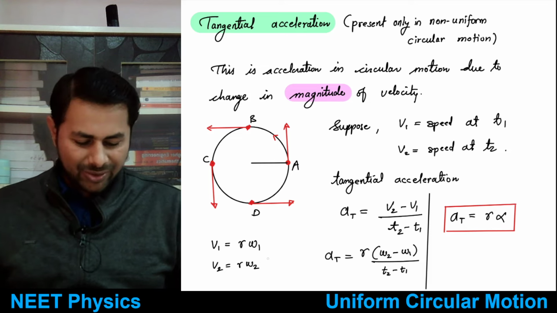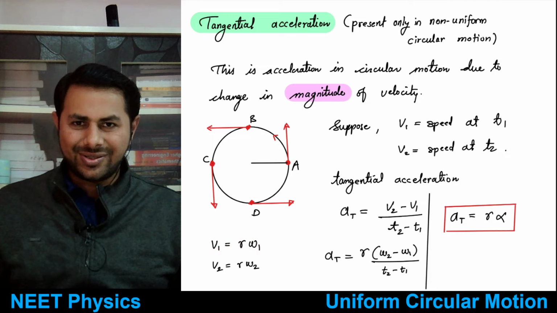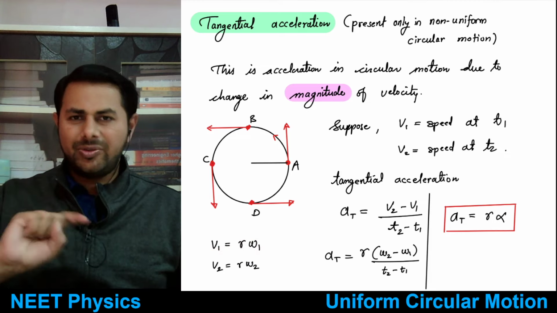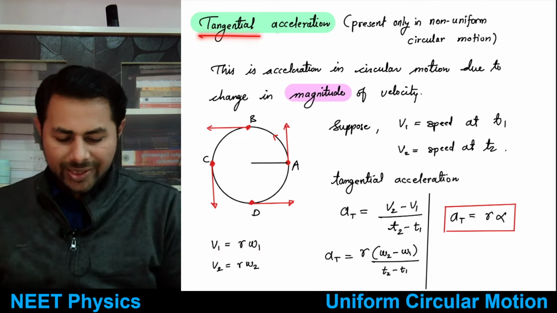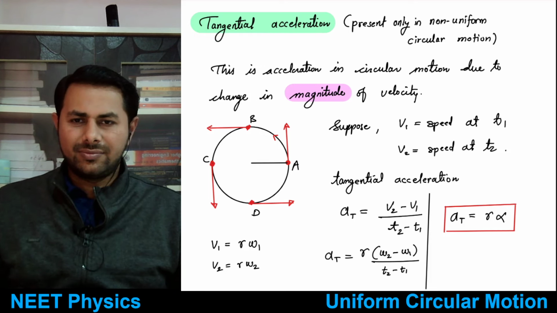If angular speed omega is constant, then v is also constant. So if the object moves with constant speed, what will be the tangential acceleration? It will be 0, right? If there is no change in speed, the tangential acceleration will be 0.